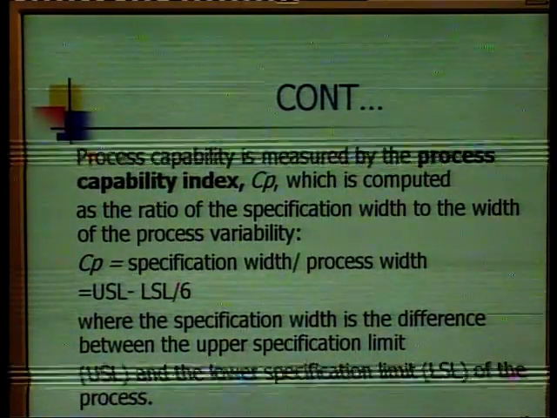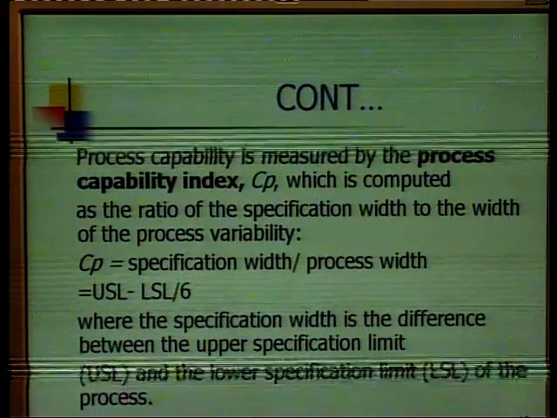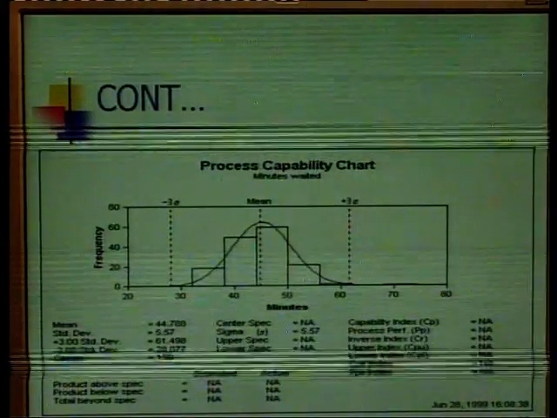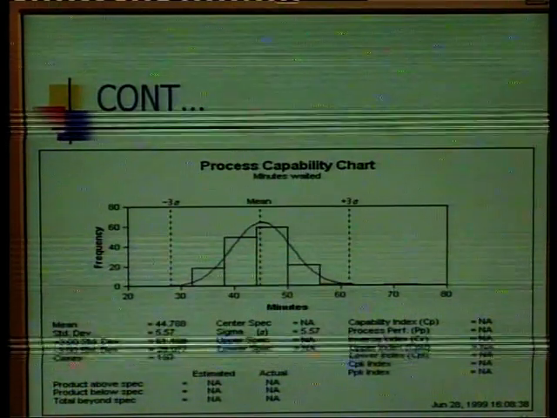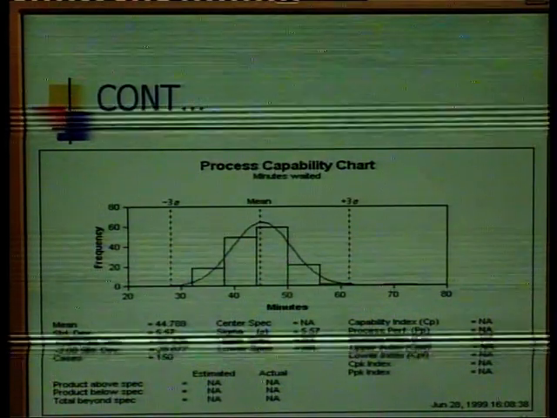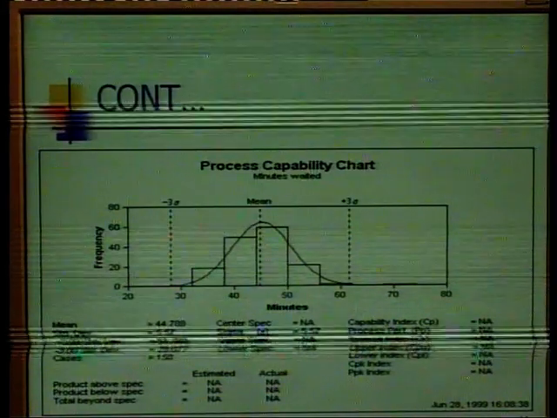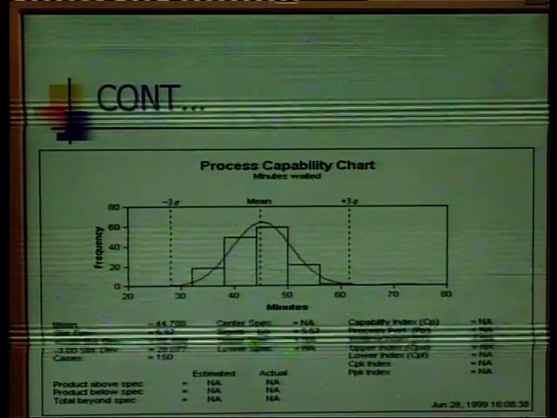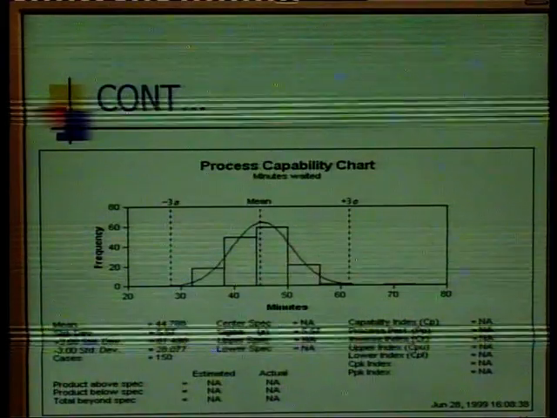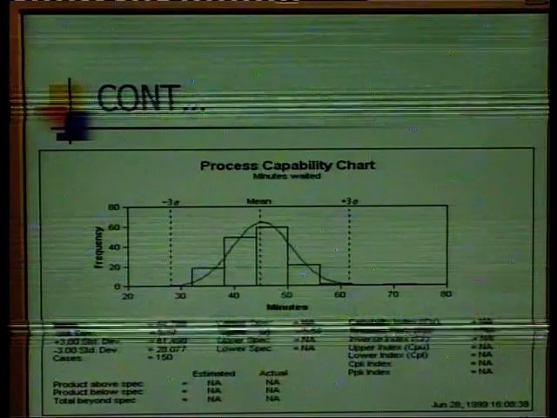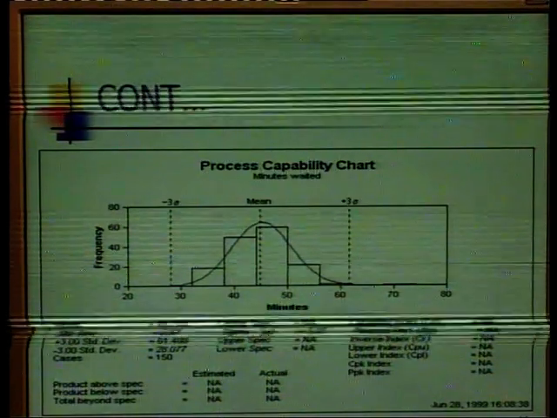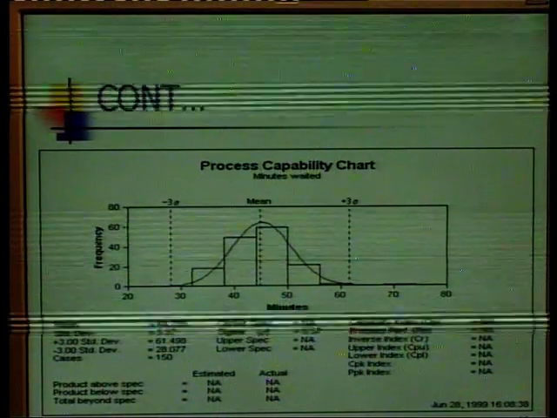It is divided by 6 sigma, and this is called Cp. Now, this is the process capability chart. We have a histogram with the mean value given as 44.788 and the plus 3 standard deviation, that is the upper specification limit, is 61.498, and the lower specification limit, that is minus 3 sigma deviation, is 28.077.